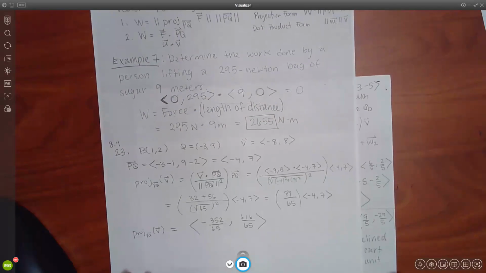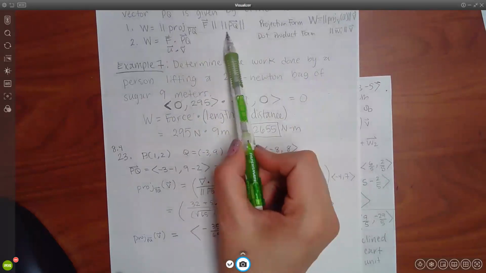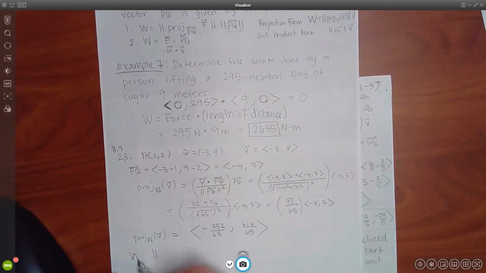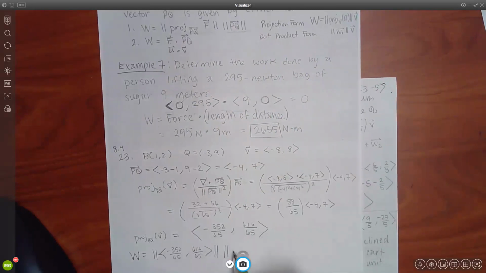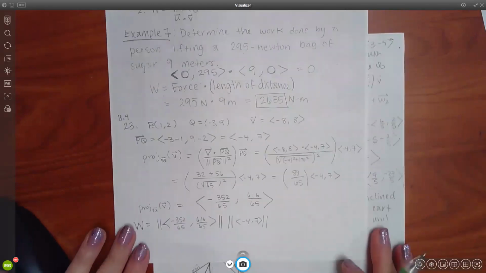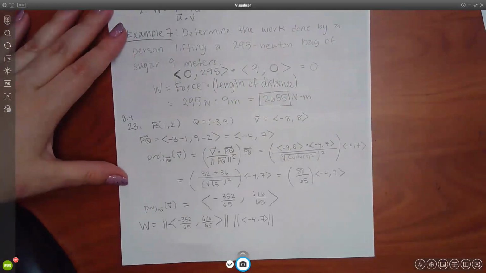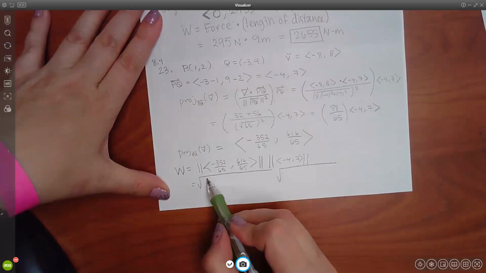However, that's not the answer for the work, because the work is the magnitude of that projection times the magnitude of just PQ. So that means I need to be doing the magnitude of this vector, this ugly vector, times the magnitude of PQ. And PQ is this vector. So let's go figure out what those magnitudes are. So I'm gonna have a square root and a square root.